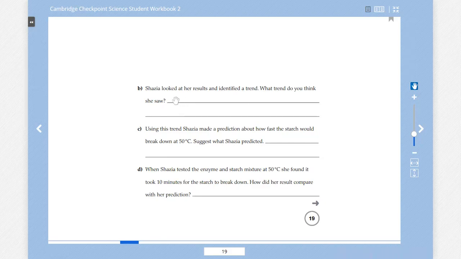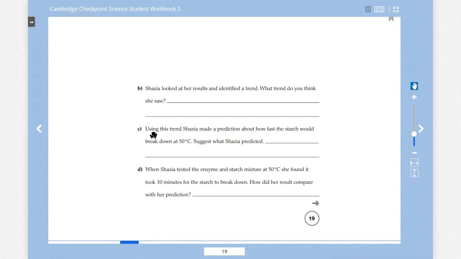You can make it a simple sentence here: if the temperature is low or high, is the time increased or decreased?